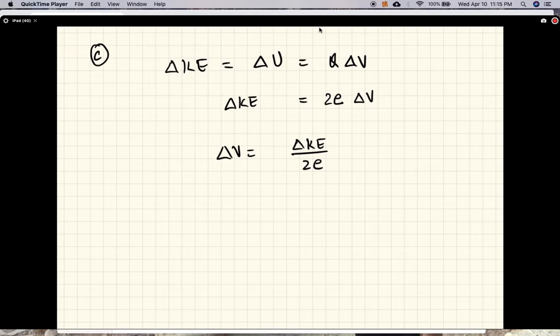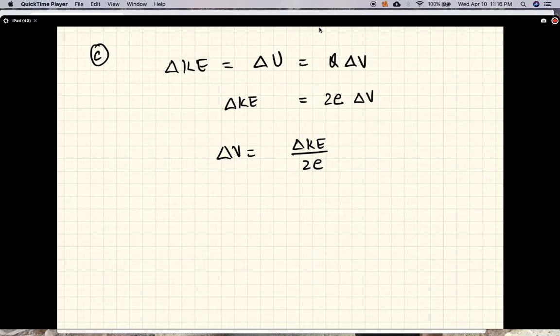Okay, let me be a little more specific here. This is electric potential. So what this means is, if this is 100 volts and the charge of the particle was e, its energy would be 100 electron volts.